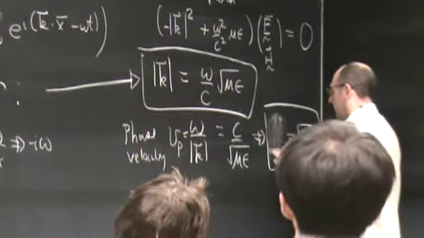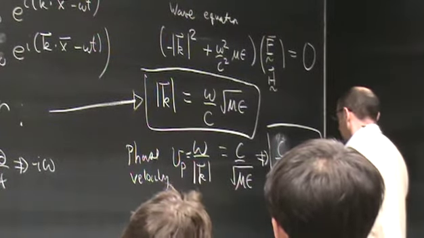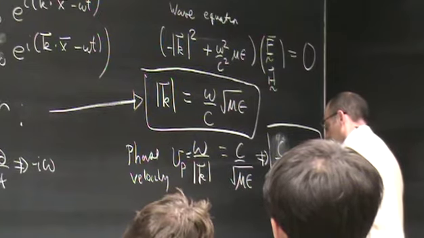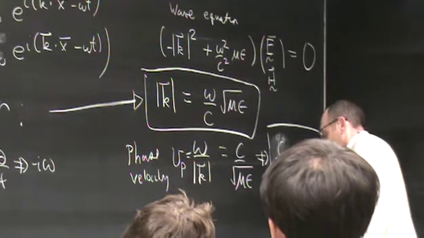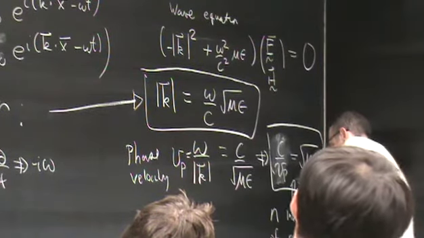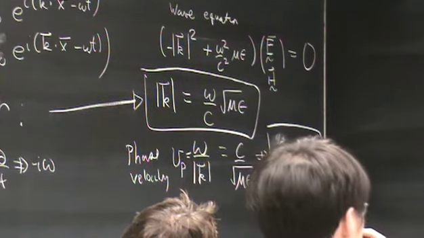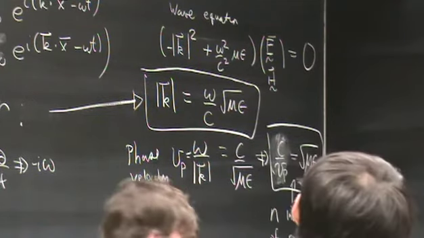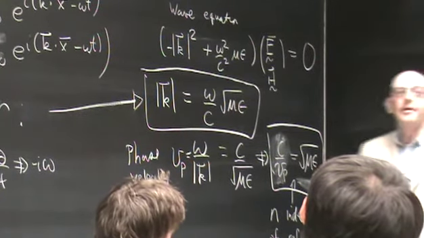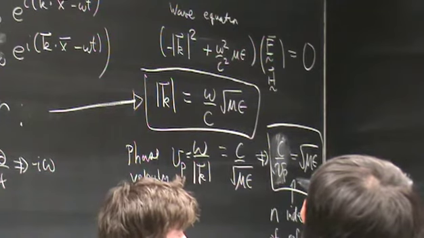Oh, sorry, c over that. That's the index of refraction. And under the approximations that we've made so far, that's a constant. It is non-dispersive. All right.